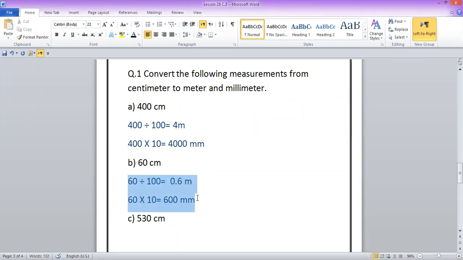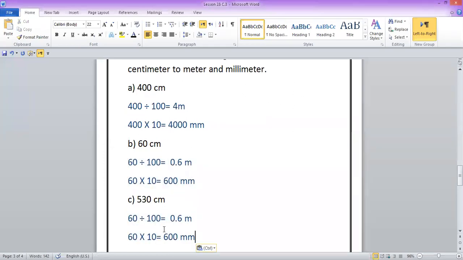So guys, the same formula you will apply. The value is given in centimeter. You have to find out how much millimeter and how much meter that is. 530 divided by 100 and 530 multiplied by 10.